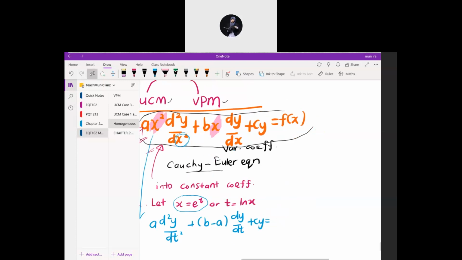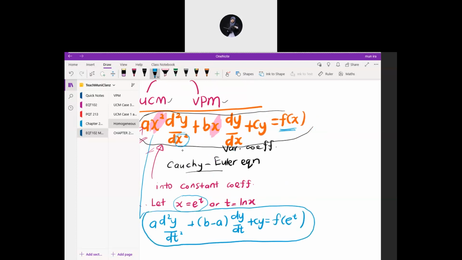Initially you had f(x), but x is replaced by e^t. You will find that the latter equation is in the form of constant coefficient. Therefore, we will solve the Cauchy-Euler equation by using UCM or VPM, if f(e^t) is not equal to 0.